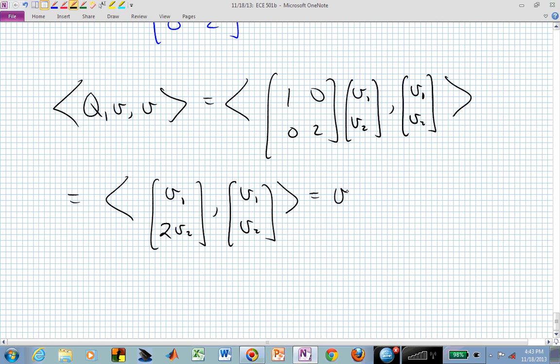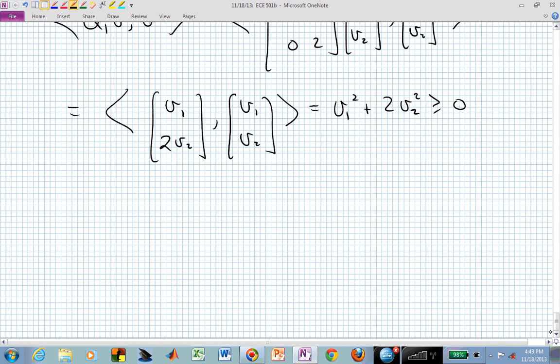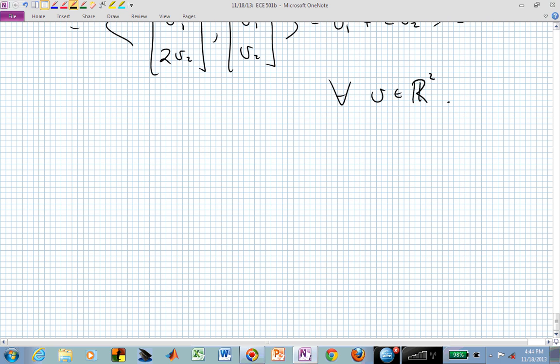And now I have V1 squared plus 2 V sub 2 squared, and I hope that it's clear that that's non-negative for all V. And let me just go ahead and make those real for now because we're dealing with easy examples where V was this two-dimensional vector.